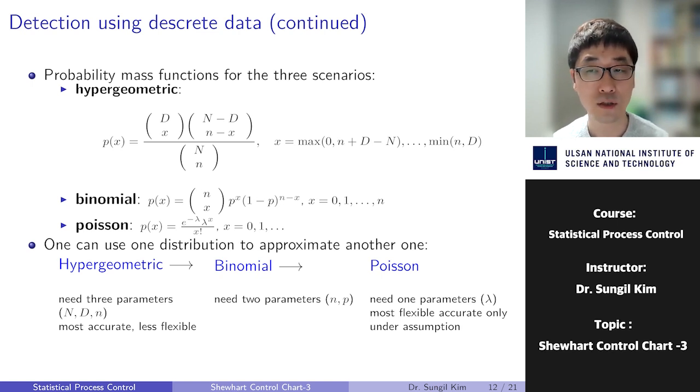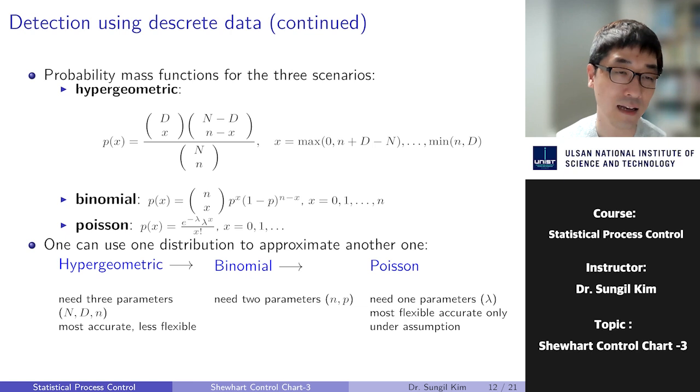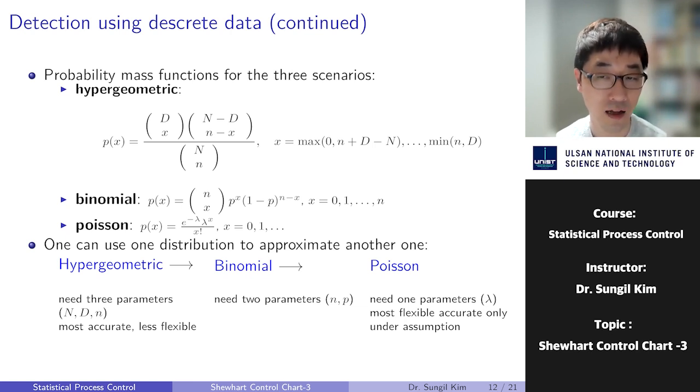One can use the distribution to approximate another one. In general, hypergeometric distribution provides more accurate but less flexible data distribution, while a Poisson distribution gives more flexible but less accurate data distribution. As a control chart for continuous data assumes normal distribution, control chart for discrete data assumes one of these distributions.